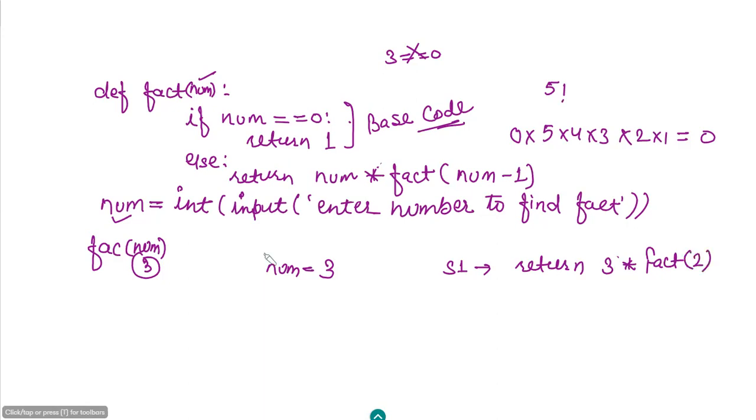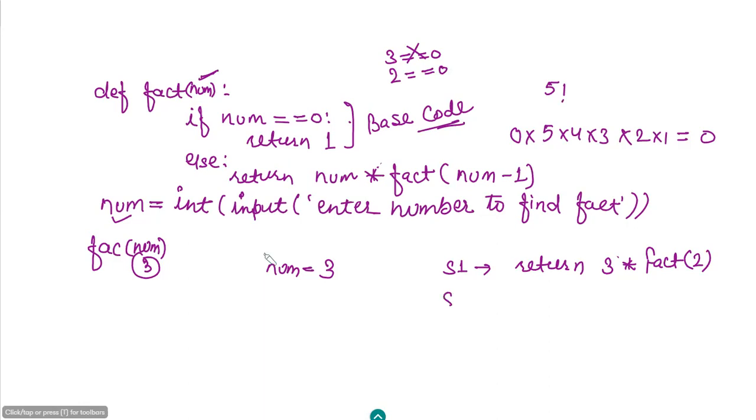Now it will call recursively and send the argument 2, which will be received by this parameter. Again this condition will be compared. Now the value of num is 2, and 2 is equal to 0 is still incorrect, so the else block will be executed.